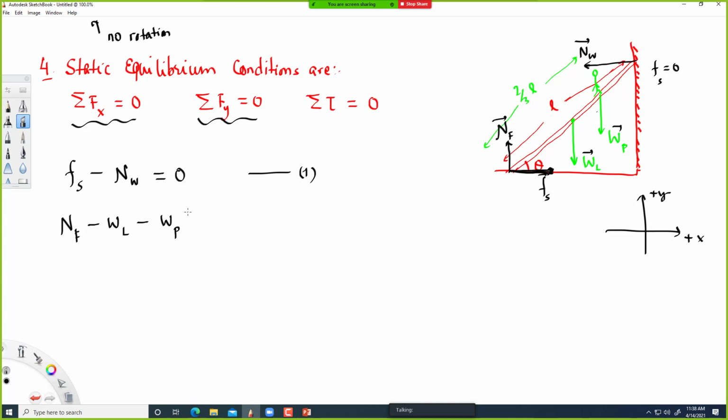Yeah, those are the only forces we have. That's 0. We considered Fs, that's gone. So we have N F, we have W L, we have W P. We have 5 forces, and they are all in these two equations. Now, the third one.